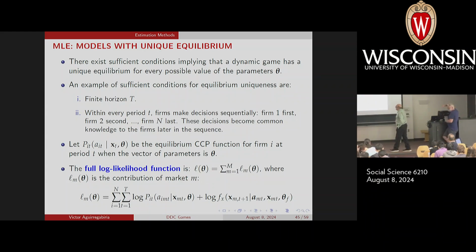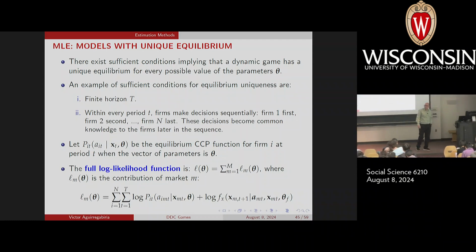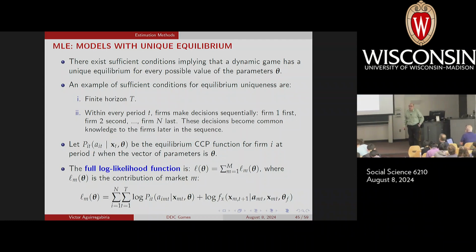Now, this requires assumptions, okay? Only under very substantial restrictions on the dynamic game can we have equilibrium uniqueness, okay? The ones that have been most commonly imposed in this literature to get equilibrium uniqueness are the following. First, we have a finite horizon, okay? And second, at every period t, firms choose sequentially. It is as if within each period we had several subperiods.